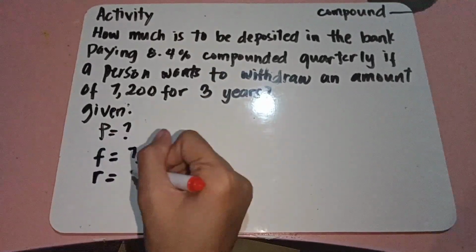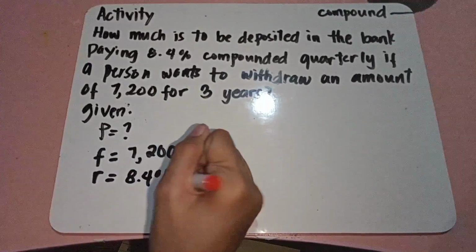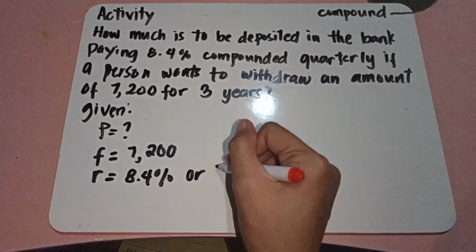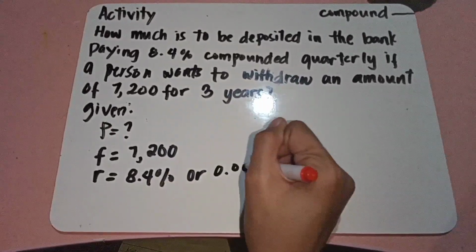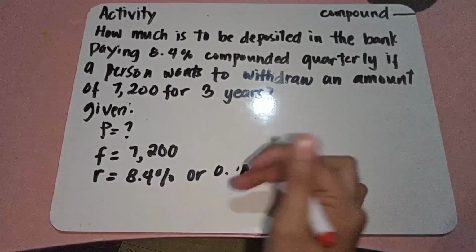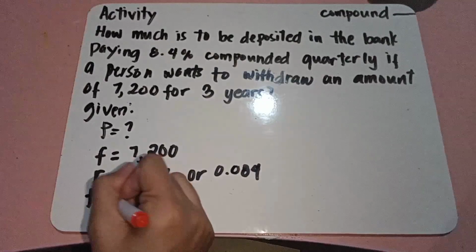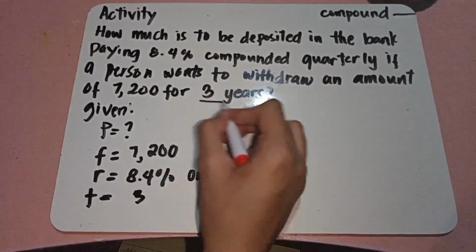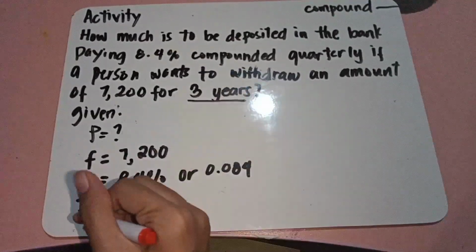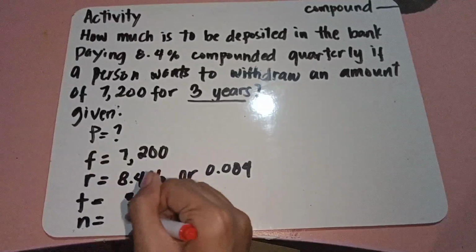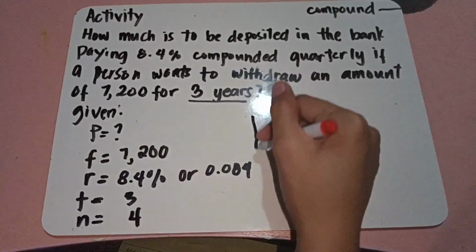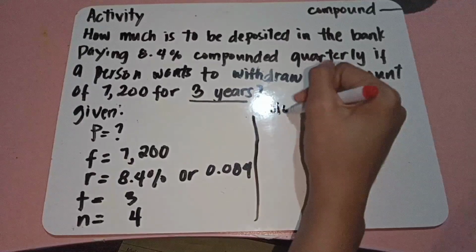R is equals to 8.4% or 0.084. Time is equals to 3 since we have 3 years here. N is equals to 4. So here's the solution.